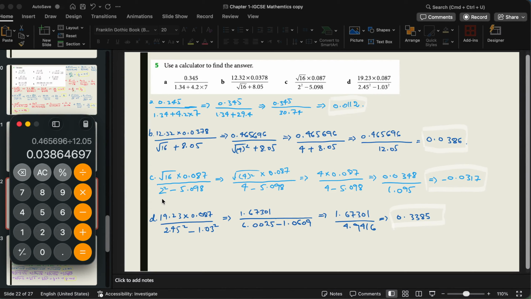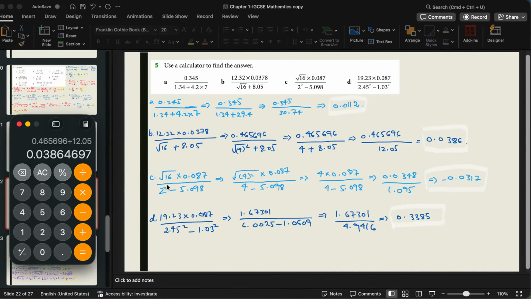The third expression, you will solve it in the same manner. In here we again have the square root of 16, which we know by now that we can express as 16 under the root as a square of 4. The square and root will get cancelled and we will have 4 multiplied by 0.087, and in the denominator we have 2 squared minus 5.098.